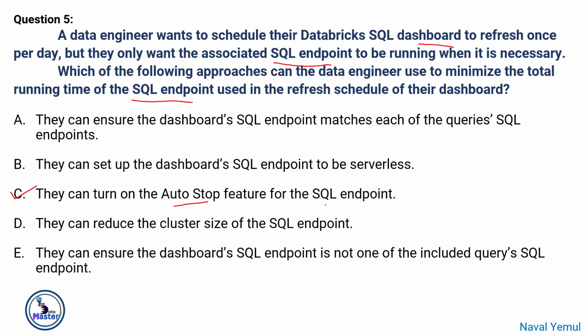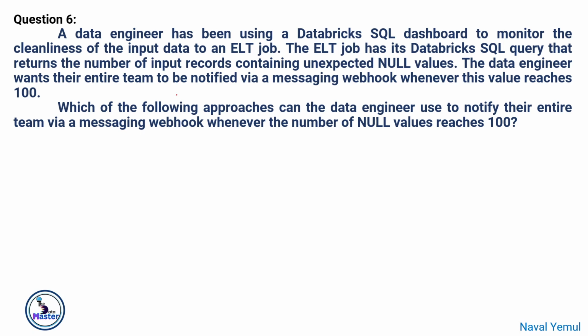Your SQL warehouse will start up at that point and refresh it, and after it's done, the auto stop feature will stop the warehouse again. We have already talked about this in the previous slide: the auto stop feature is available in the SQL warehouse, and you can use it to save a lot of resources once your refresh is done. That was about the fifth question.